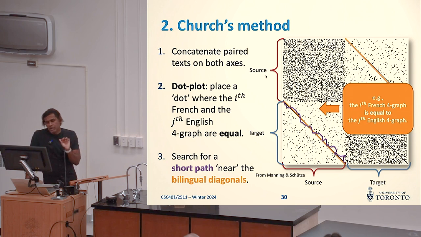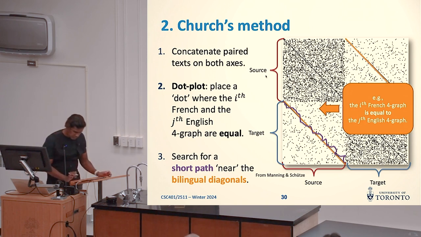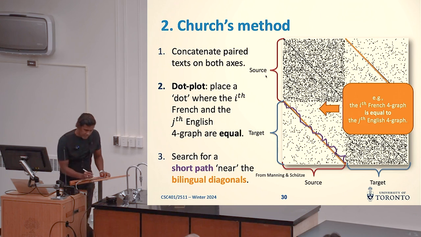And then you place a dot whenever you see a cognate, okay? So for example, let's say you're traversing and at position I, some French word I, you can say that, oh, there's a cognate over here.